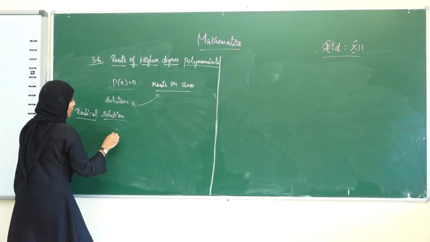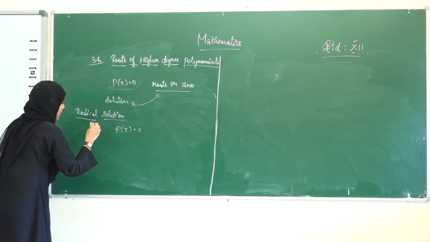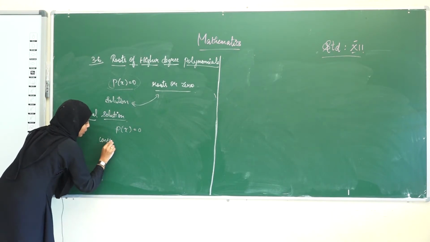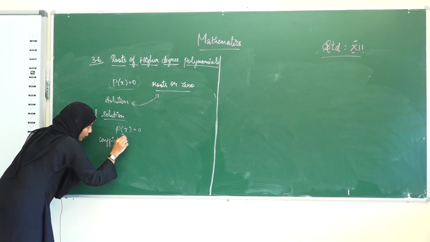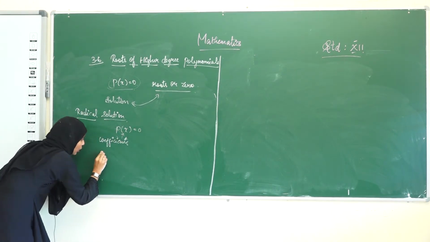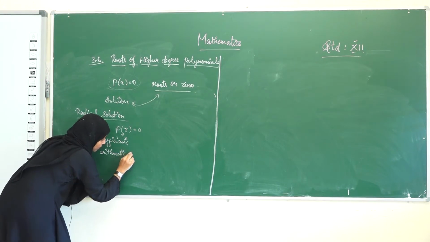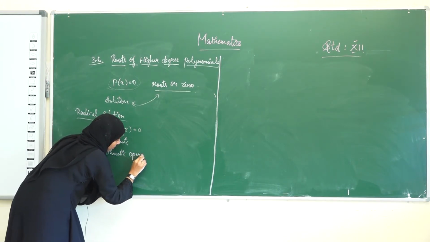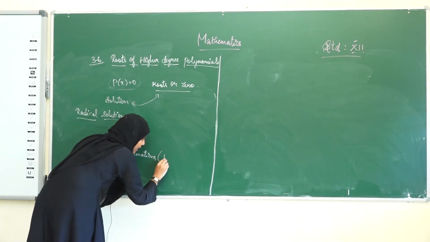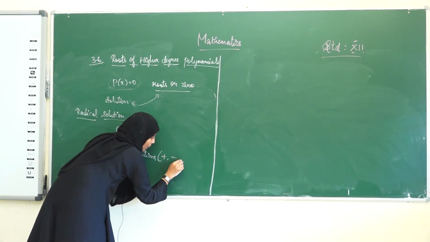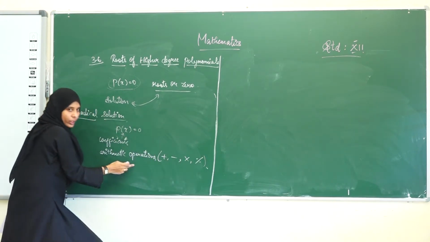A solution of a polynomial p of x equal to 0 which contains the coefficients of the given polynomial and the arithmetic operations, that is only the basic arithmetic operations: addition, subtraction, multiplication and division, with these 4 things alone.